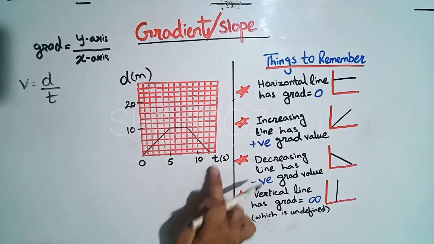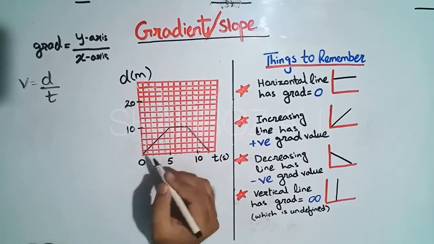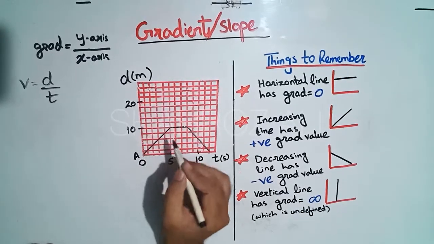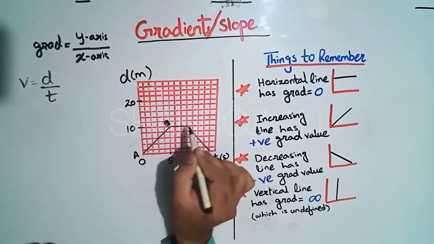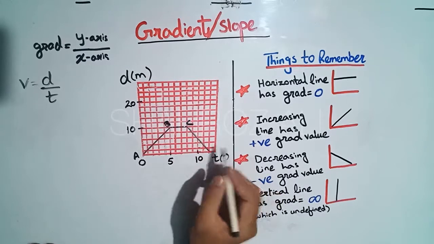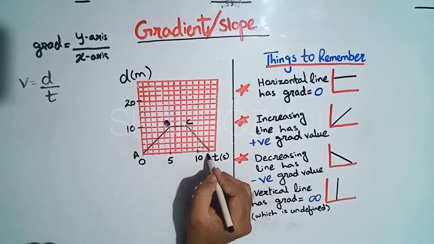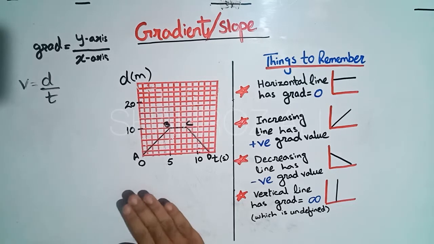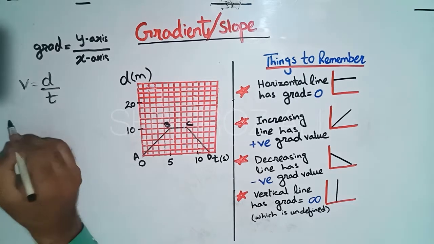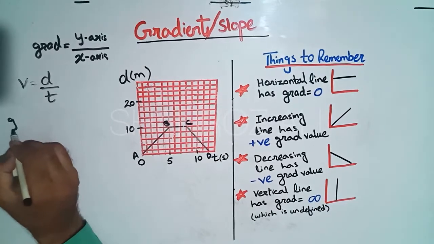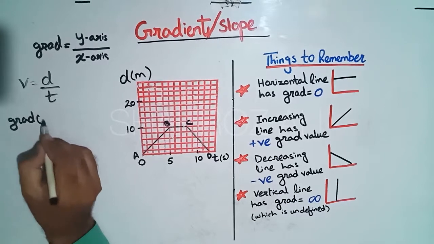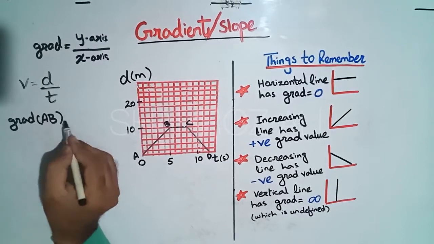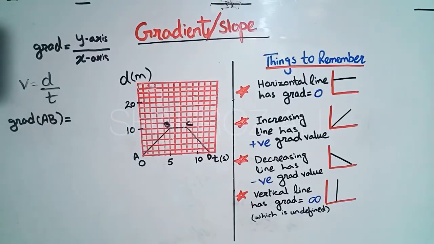As we know it is a distance-time graph, there are three lines: A to B, B to C, and C to D. Now I want to find the gradient of line A to B. So what is the method?